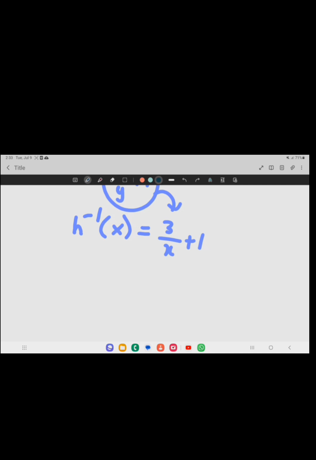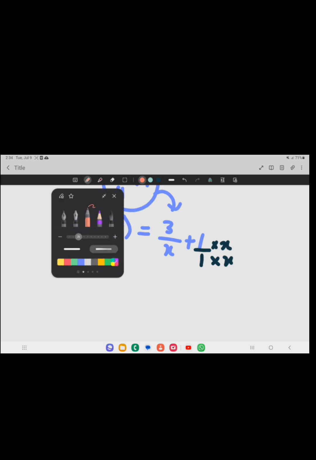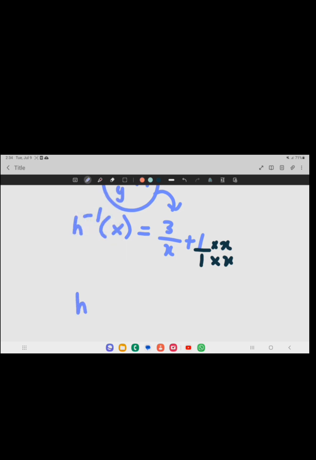Here there's a 1 over here, right? So nothing at the bottom. It means there's a divide by 1. So how to make the denominator the same? You're just going to times this with x, and when the bottom you times with x, the top also you must times with x. So when you do it, your denominator is now the same.